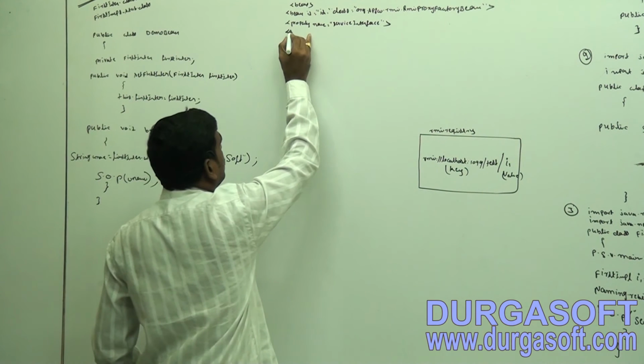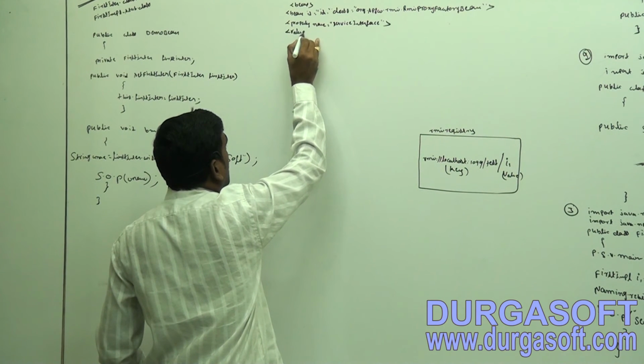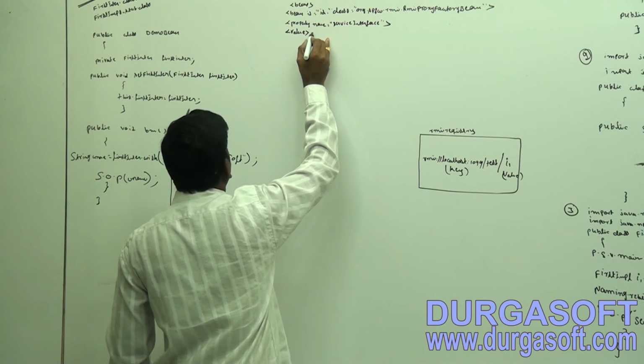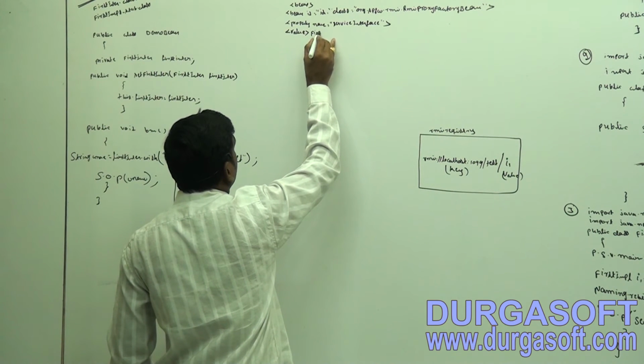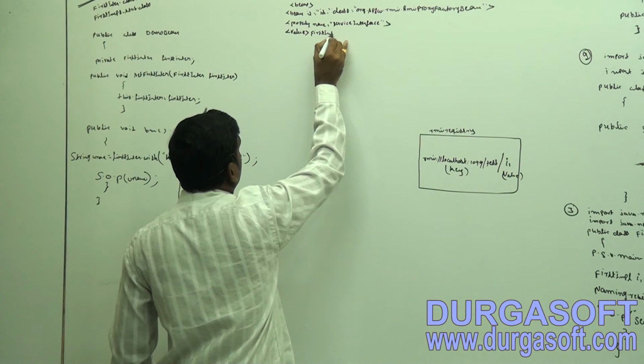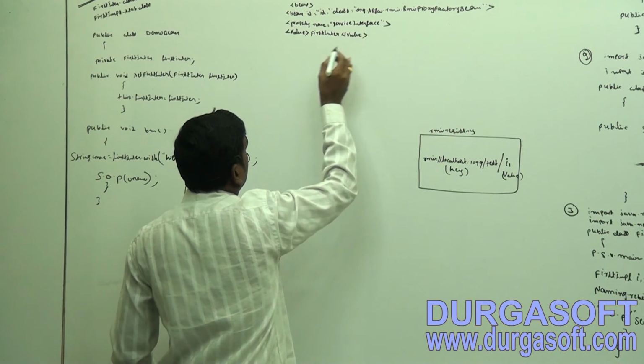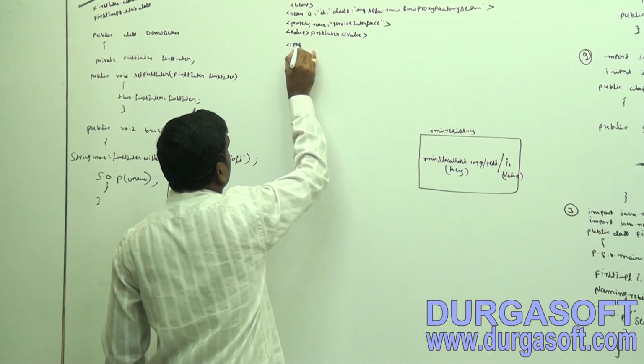Under that, value. Now what is that service interface here? FirstEnter. Close the value, then close the property.